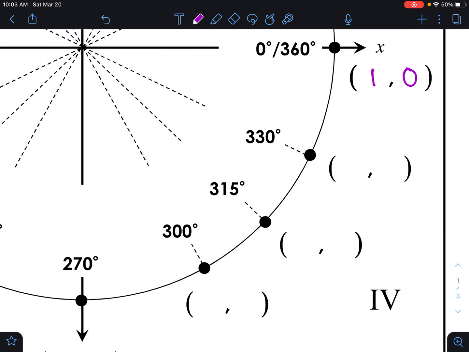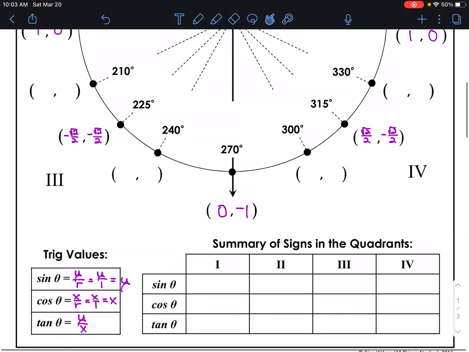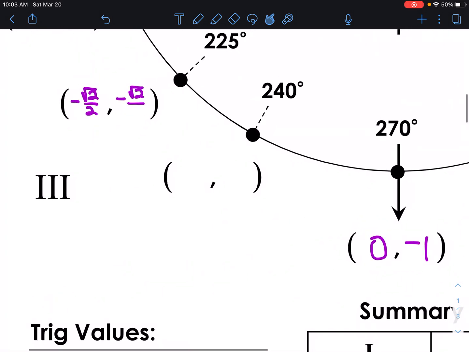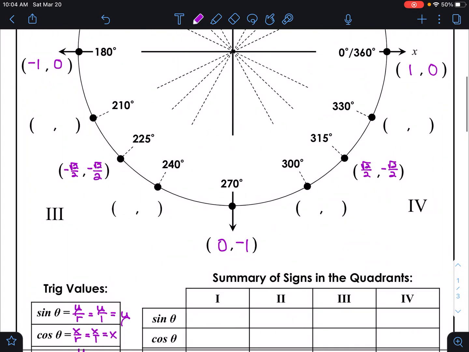So let's fill this out. This would be square root of 2 over 2 and negative square root of 2 over 2. Okay, so now we've got some of this filled out.